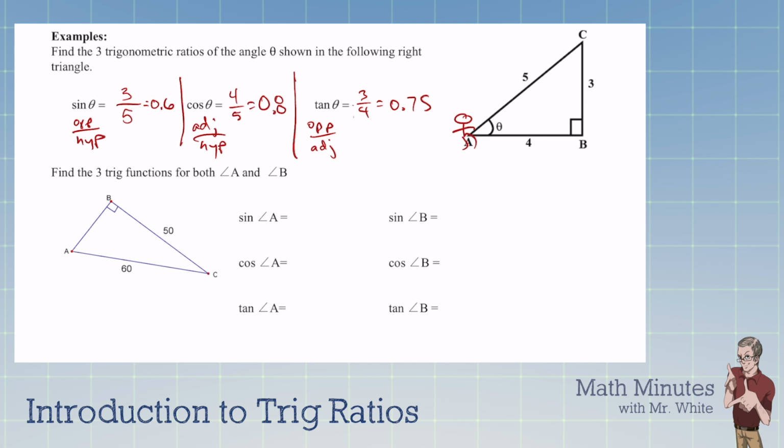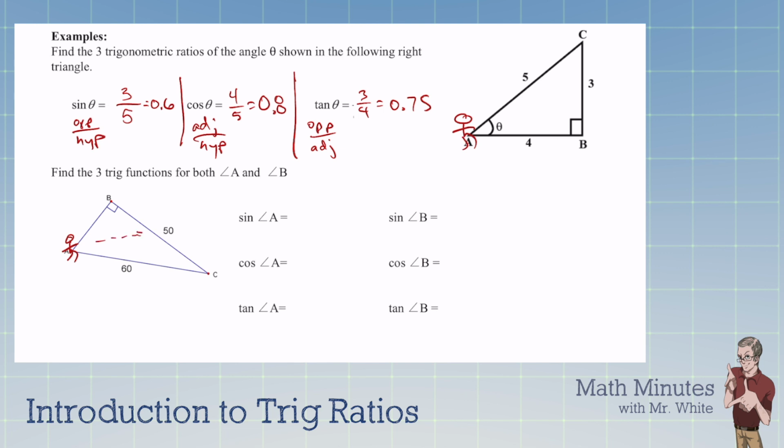All right, let's look at this next one. Find the 3 trig functions for both A and B. So this time I'm not using the theta letter here. I'm just saying angle A and angle B. So the first part is all angle A. So I need you to imagine that you are sitting over here and you're going to be looking out across, right?